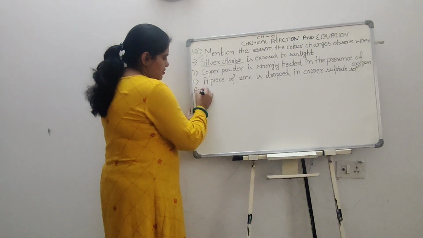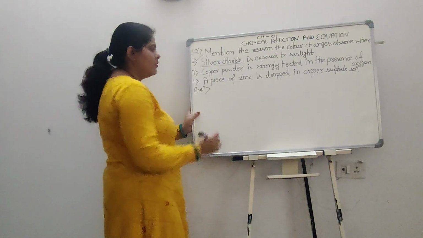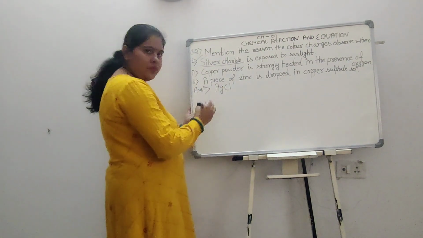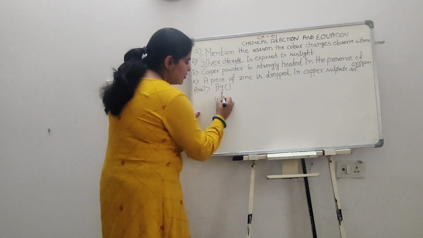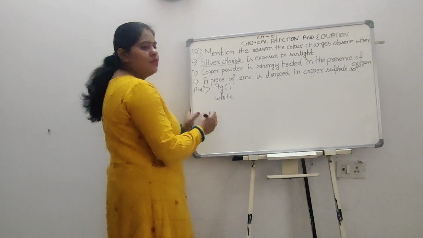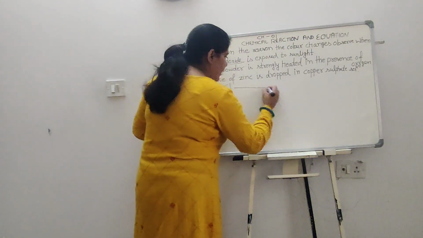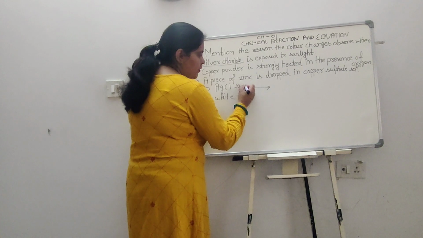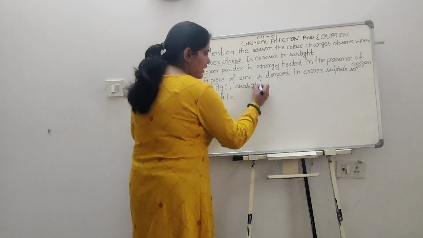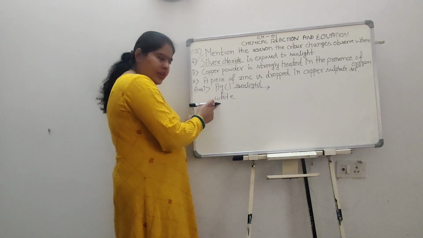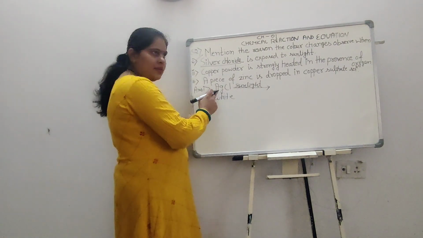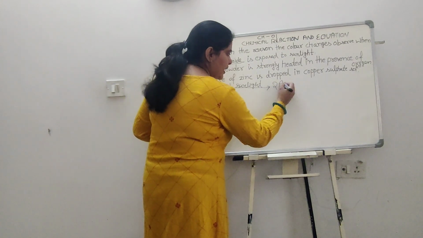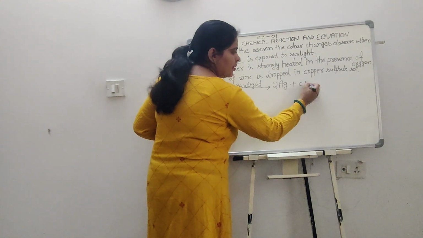Answer of the first: silver chloride. What is the formula of silver chloride? AgCl. And what is the color of silver chloride? It is white. When you expose this silver chloride to sunlight, on the arrow we write sunlight, then a decomposition reaction takes place, and this silver chloride breaks down into silver, Ag, and chlorine gas.